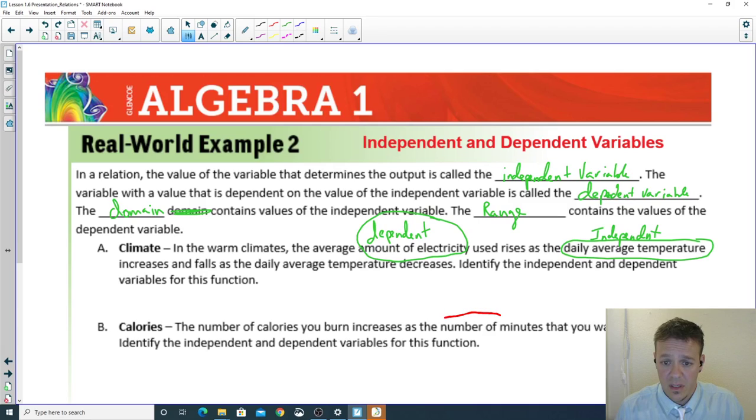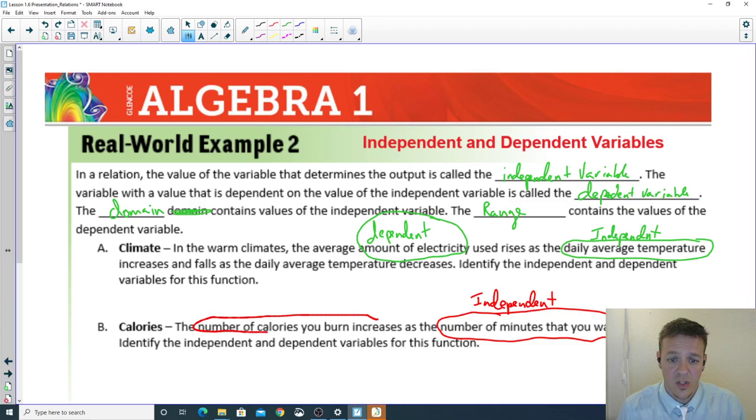Well, ladies and gentlemen, the number of minutes that you walk is what? Independent. And the number of calories you burn is dependent. Okay, you're not going to burn a bunch of calories if you don't walk. You've got to go walk and then you start burning calories.